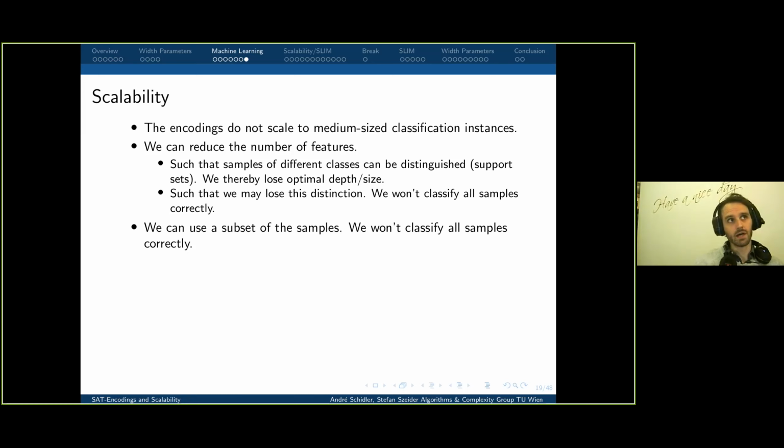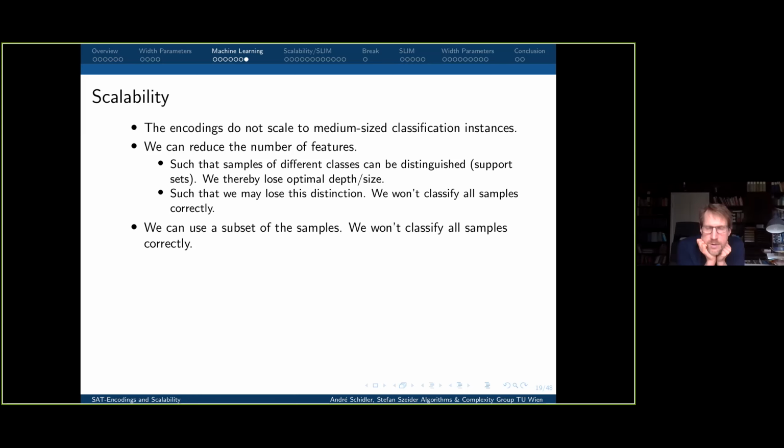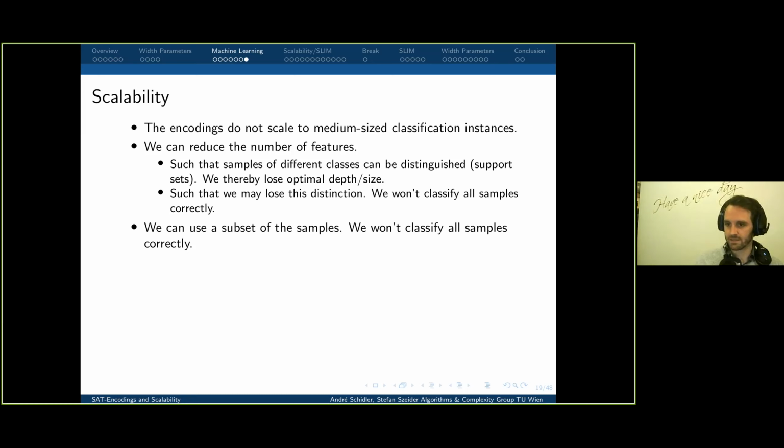This is actually done in constraint programming, where they do this, as far as I know. For SAT, it's a bit difficult to express this training error. I mean, sure, you can just restrict the number of misclassified samples.